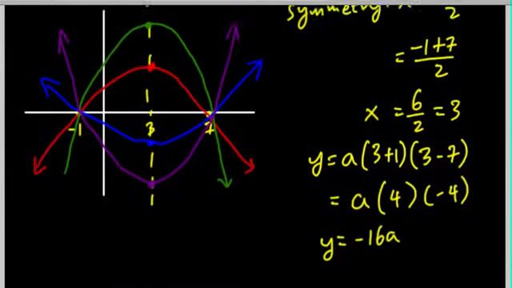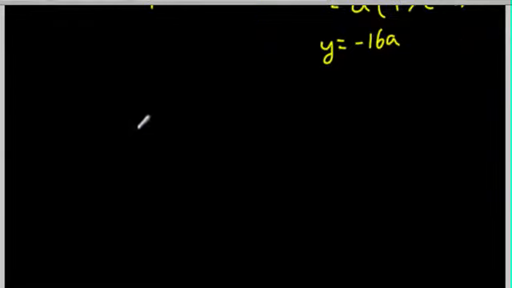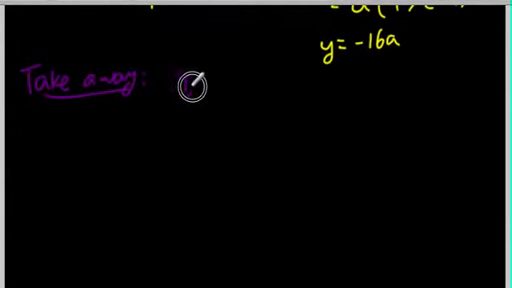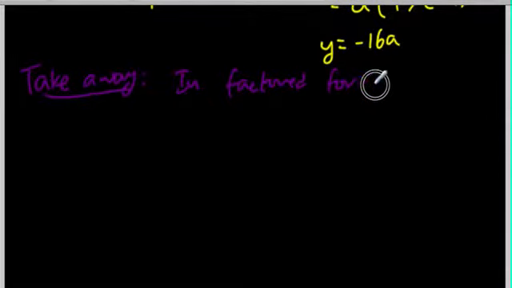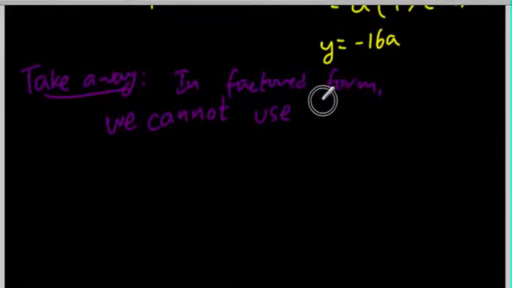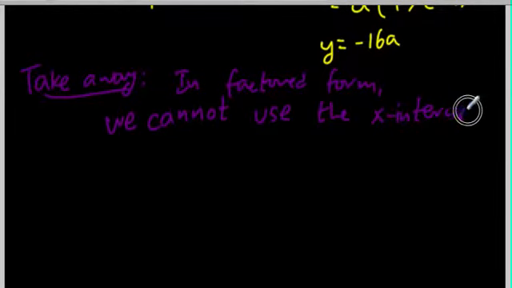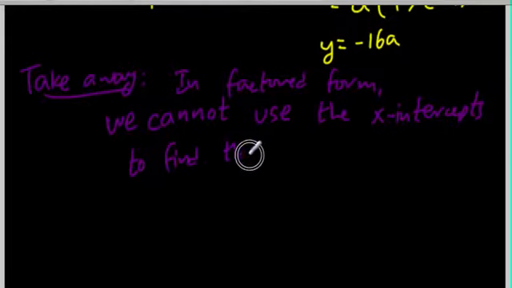So here's the takeaway: in factored form, we cannot use the x-intercepts to find the vertical stretch.